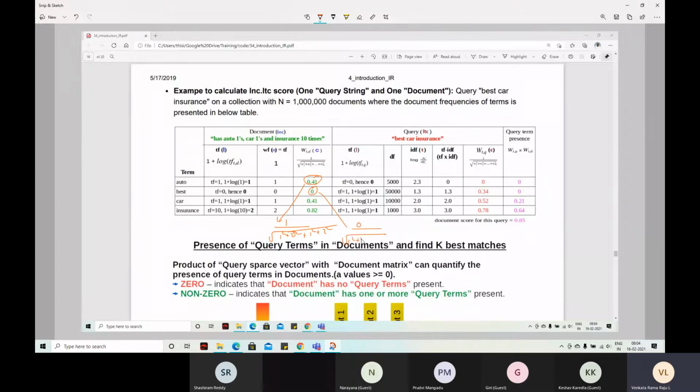Same thing, 1 divided by it. And this number I got because I did 2 by square root of 1 square plus 0 square plus 1 square plus 2 square. So I'll say that this is a unit vector: 0.41, 0, 0.41, 0.82.